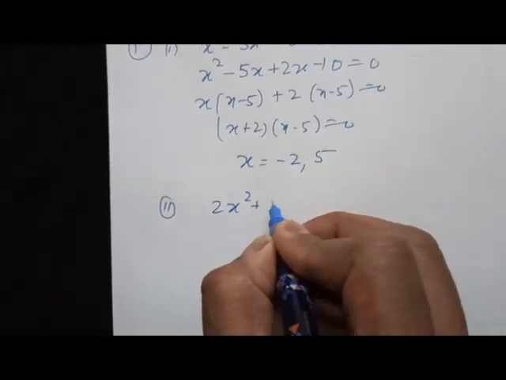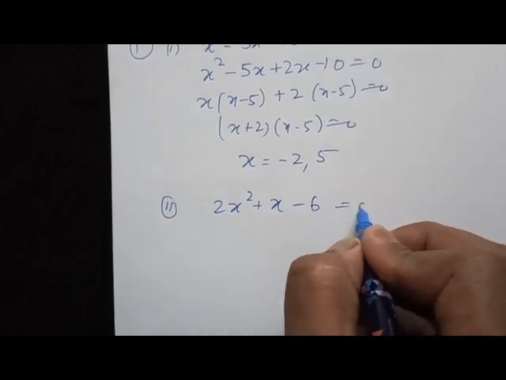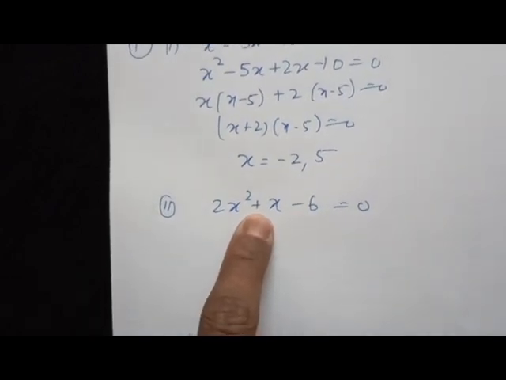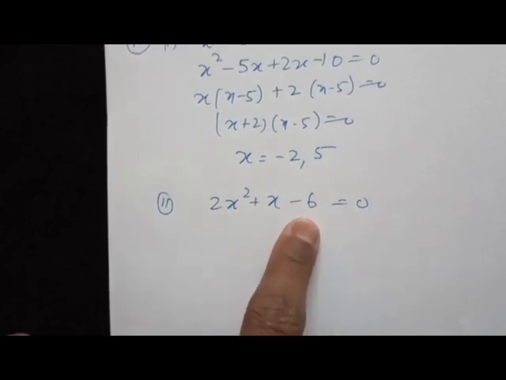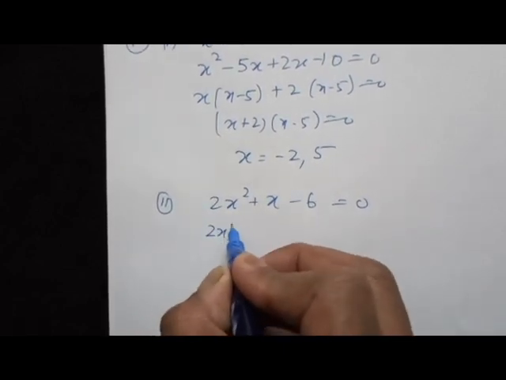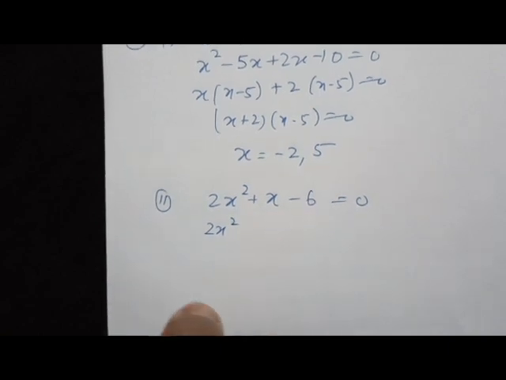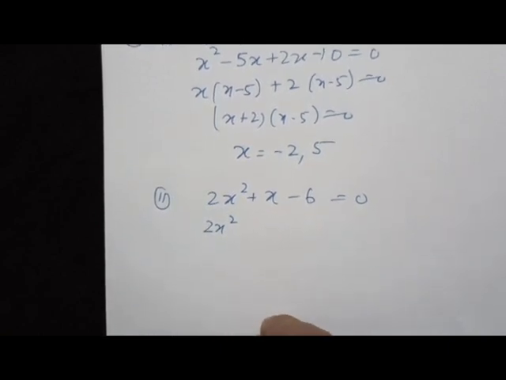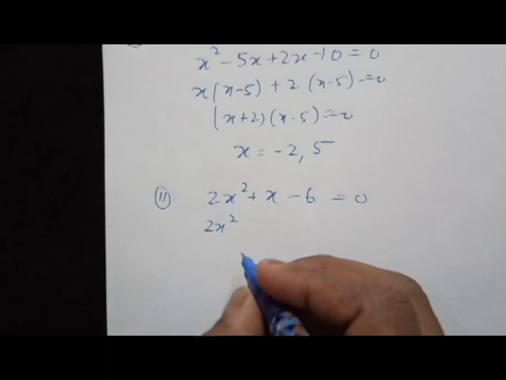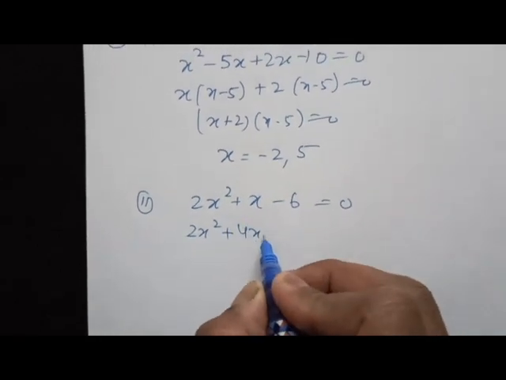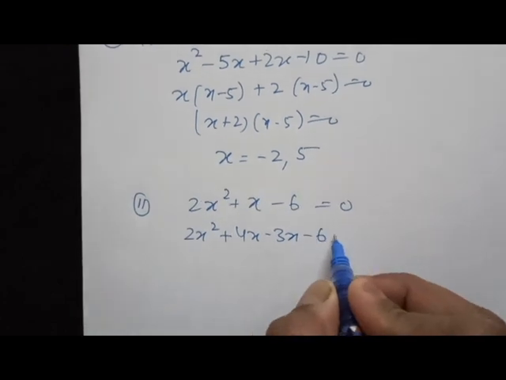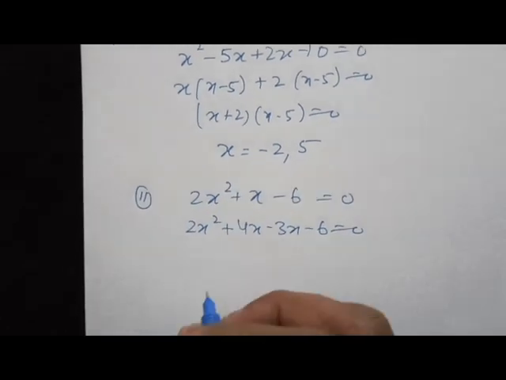The second one, 2x square plus x minus 6 is equal to 0. Here the middle term is positive, but the product of the first and the last term is negative. That shows that of the terms which we are splitting, the smaller one will have the negative sign and the bigger one will have a positive sign. So students, here we will have 4x minus 3x minus 6 because the sum is x.